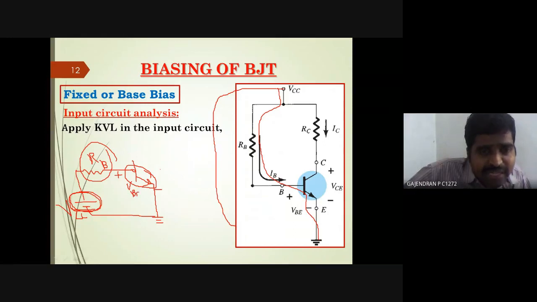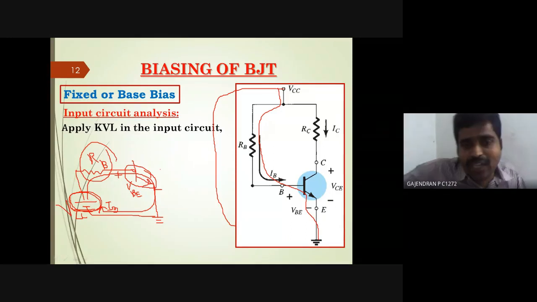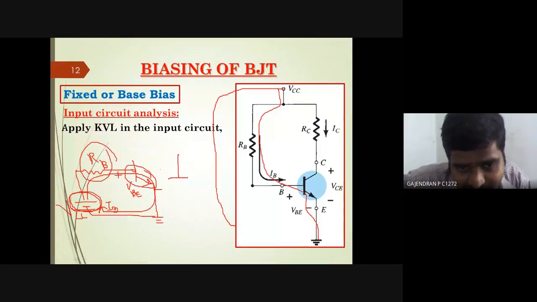When I write the KVL, if I get a closed path, immediately there will be a current flow in the circuit. By considering the current direction, I can start writing the KVL equation. I will tell you one thing, please listen. This is my source.